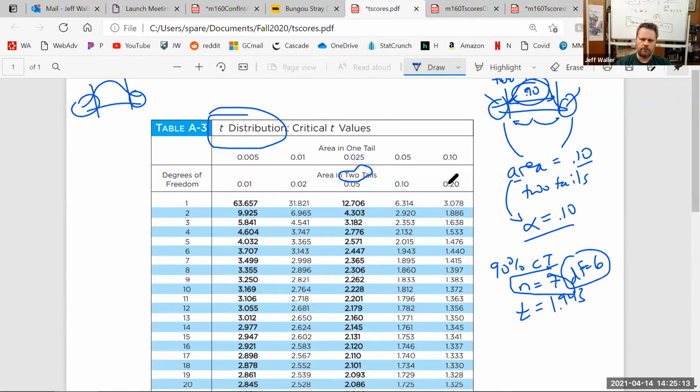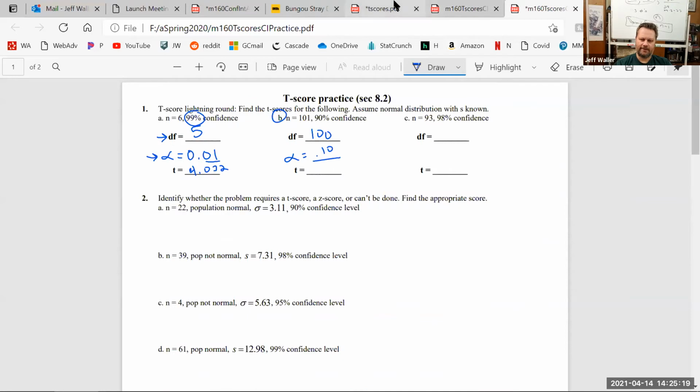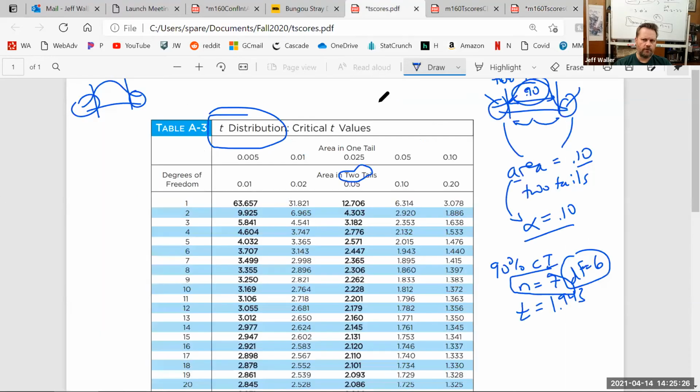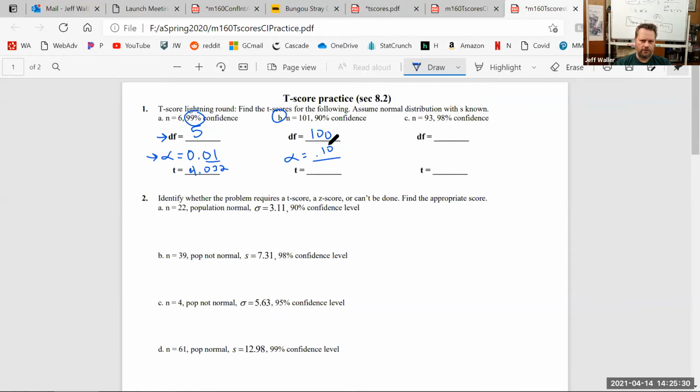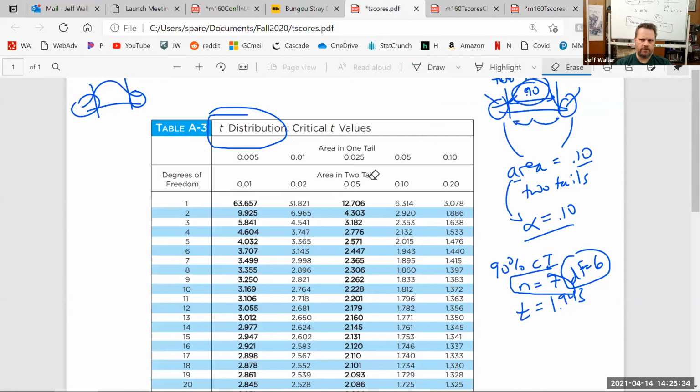Wait, are we looking at one tail or two? You tell me. I'm thinking two. Yeah, because confidence intervals always create two tails. Now you could look at the one tail, but normally, alpha's 0.10 because it's a 90%, right? Which means there's 10% in two tails. So I'm looking at this column.